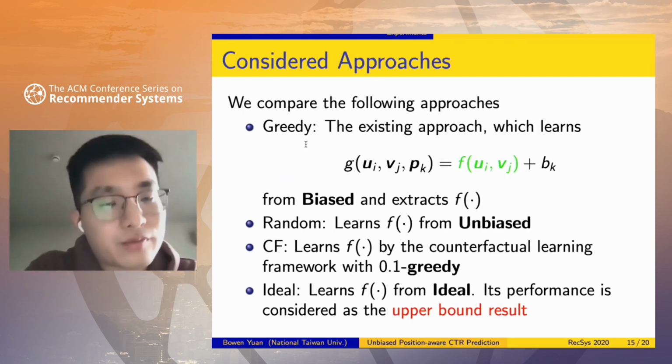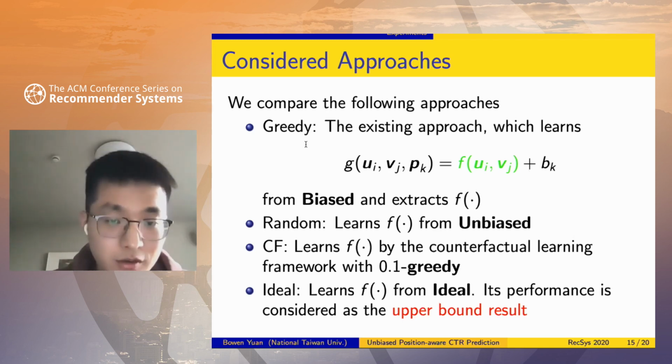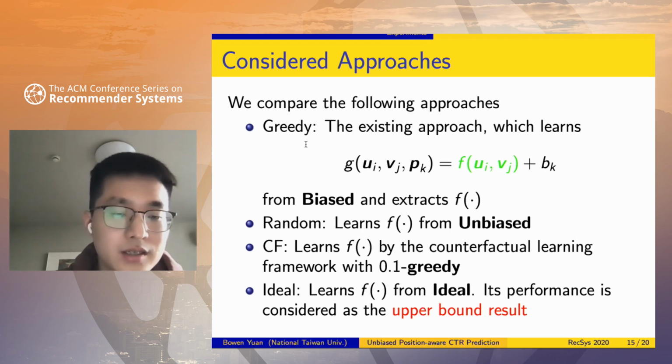We compare the following approaches. The first one is Greedy. It is the existing approach, which learns a positional model G from the biased data set, and we extract the non-positional model from it to give the final predictions. The second one is Random. It learns a model from the unbiased data set. The third one is CF.